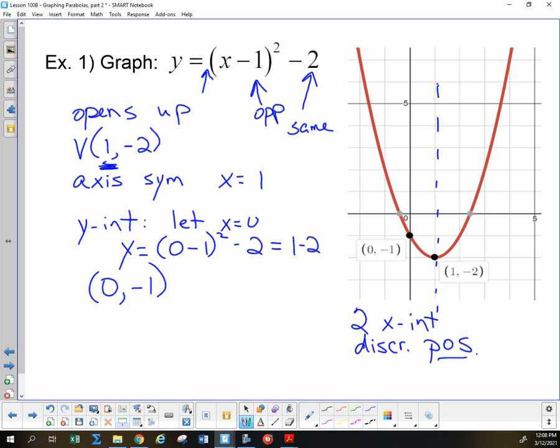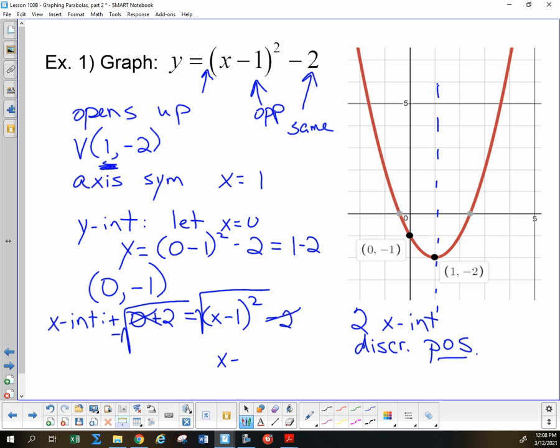To actually find what those x-intercepts are, now we need to let y be equal to 0 and solve for x. So we have 0 equals x minus 1 squared minus 2, but I'm going to put it over here on the right as a plus 2, so that then I can get rid of my square by taking my plus or minus square root of 2 when I take the square roots of both sides.